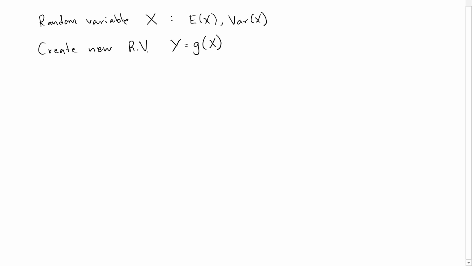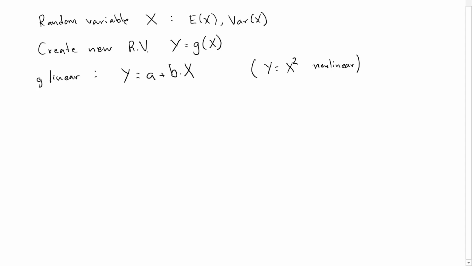If this g function is linear, then we can write it like this: y is equal to some intercept plus some slope times x. We could also think of nonlinear functions. So if y was, let's say, x squared, it would be a nonlinear function of x.